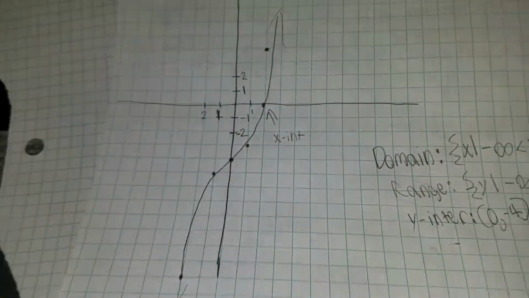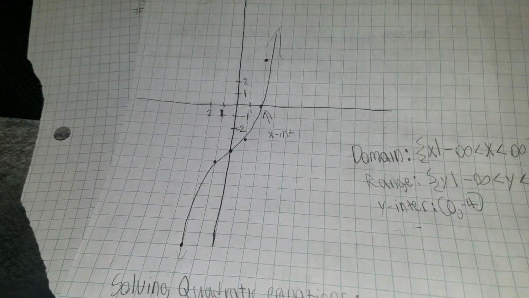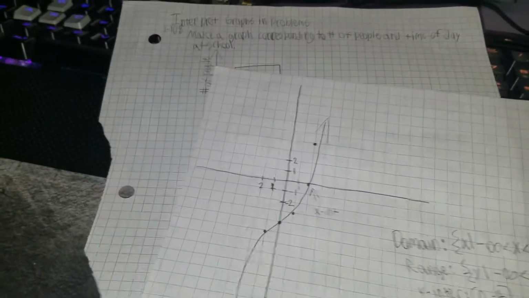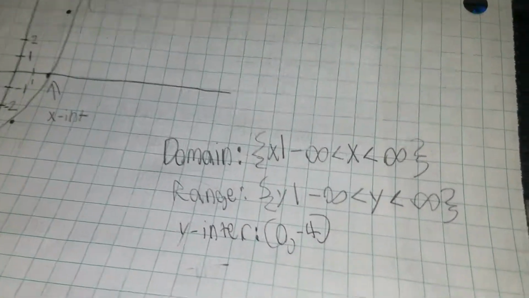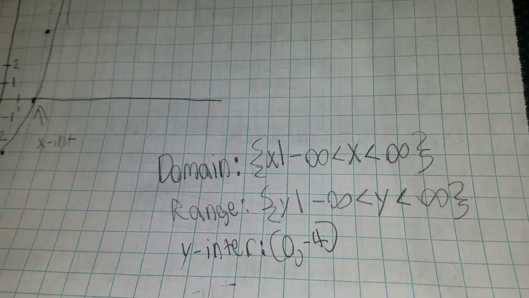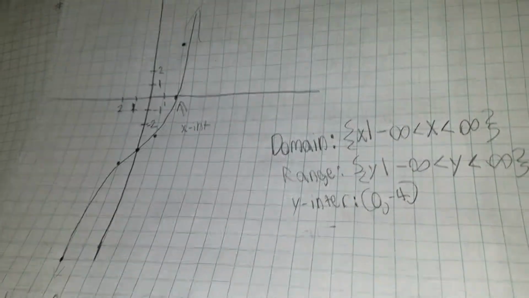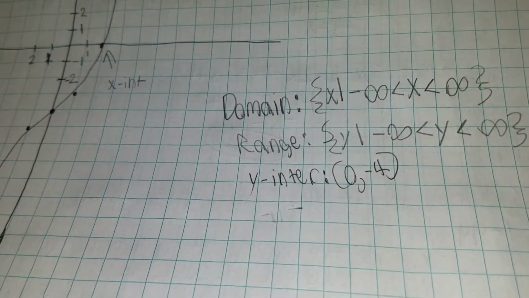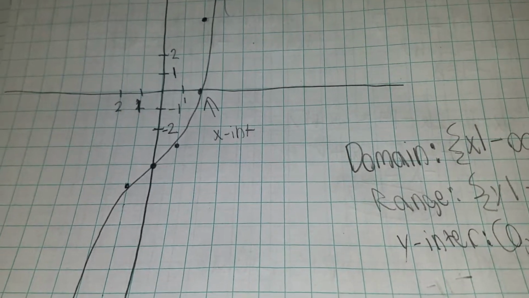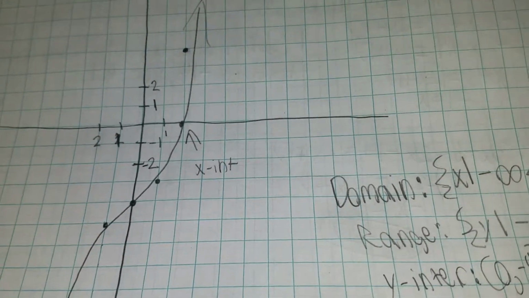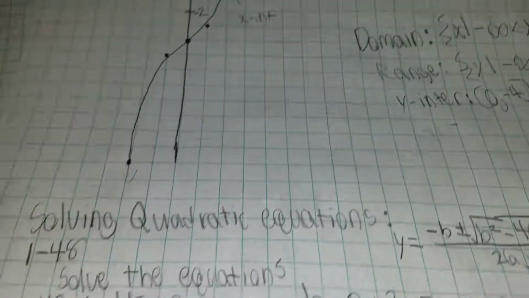The graph is on the back, and as you can see, it goes up and then down. The domain and range is all real numbers, because you can just have this keep going. The y-intercept is (0, -4), and the x-intercept is somewhere on there. I just didn't want to do the math.